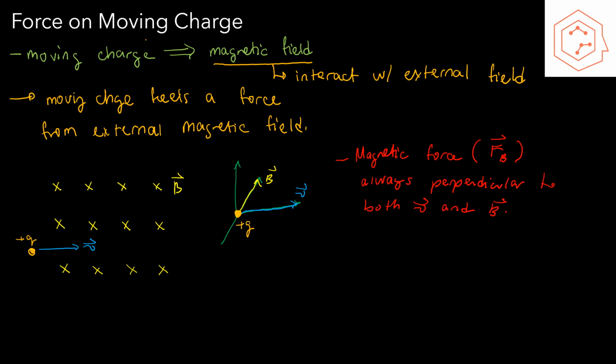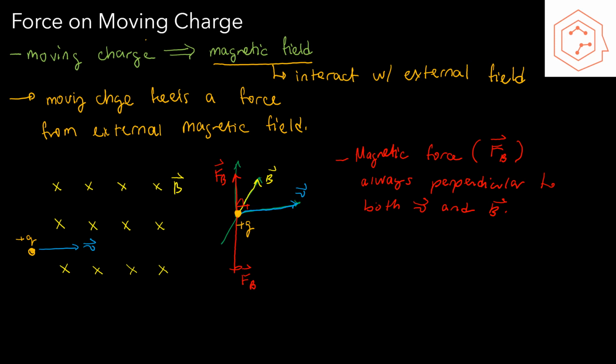And so in this case, since the velocity is to the right and the magnetic field is inwards, we have two options. Our force can either be upwards, so that it forms a right angle with the magnetic field and a right angle with the velocity, or it could be downwards, which also forms a right angle with the magnetic field and the velocity.